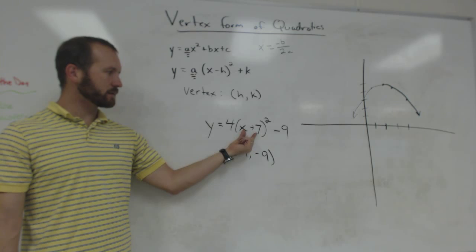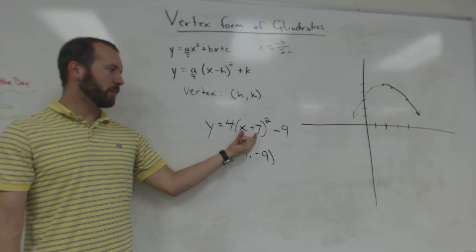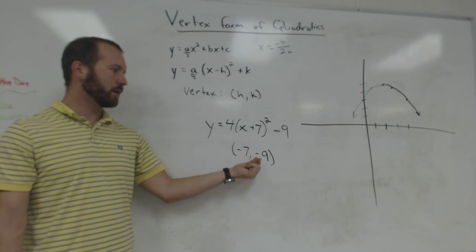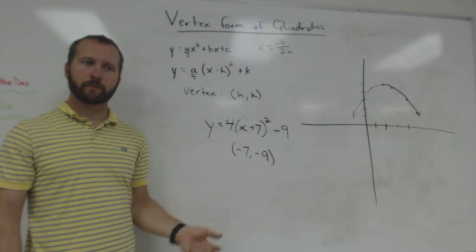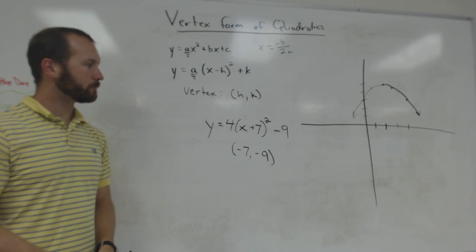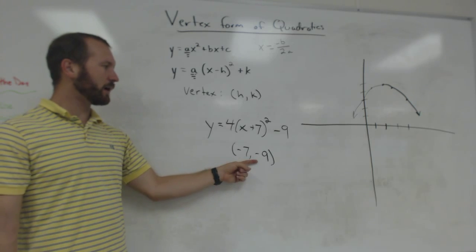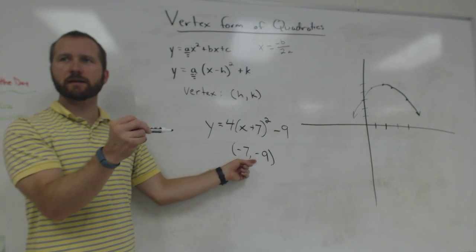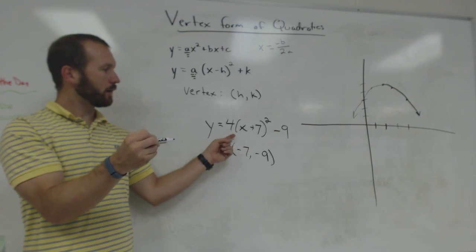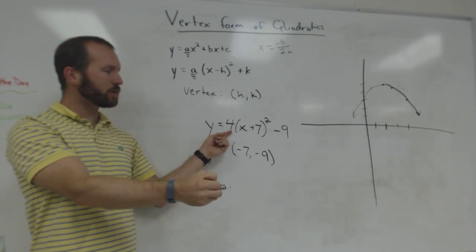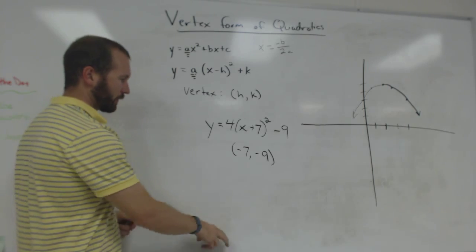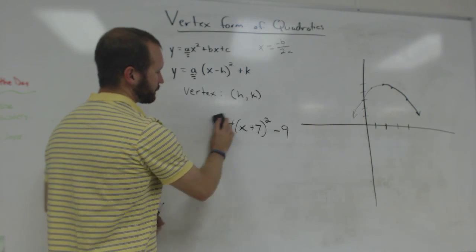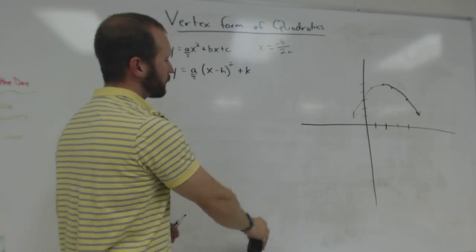This makes x go to 0, or this x makes the parentheses go to 0. This is what's left over. And in this case, if I plotted that point, I would then go over 1 and up 4, over 2, and up 16 for a. Okay. Graphing parabolas.